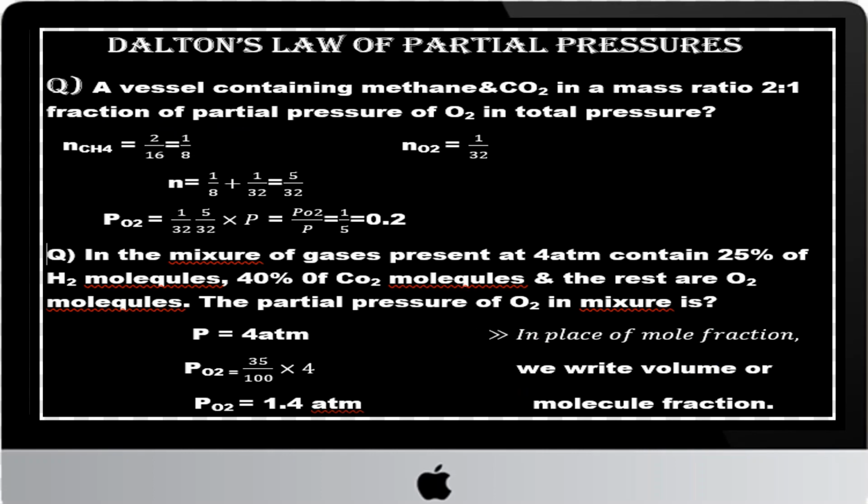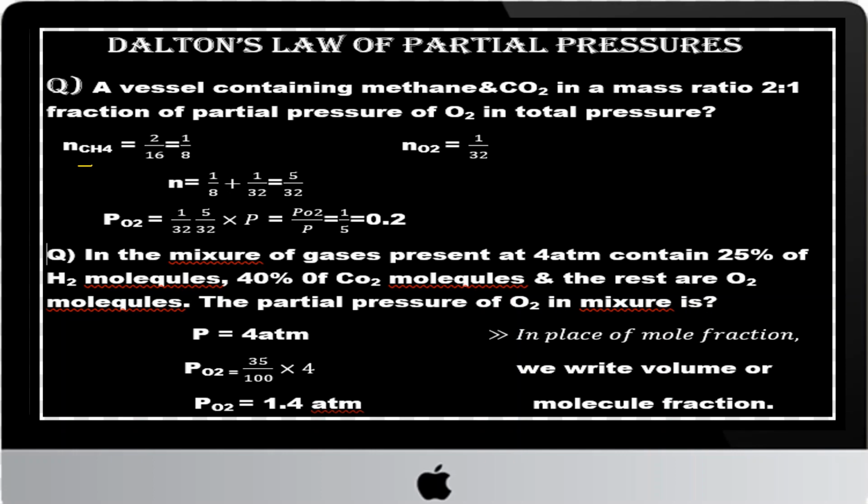Here are some numericals for you for understanding Dalton's law of pressure to a good extent. Here is the first question. A vessel containing methane and oxygen in a mass ratio 2:1. Find the fraction of partial pressure of oxygen in the total pressure. To find this, first we should find the mole fraction of the first gas, methane.